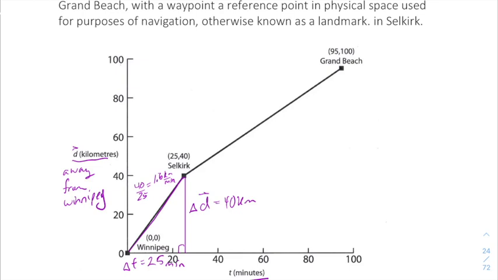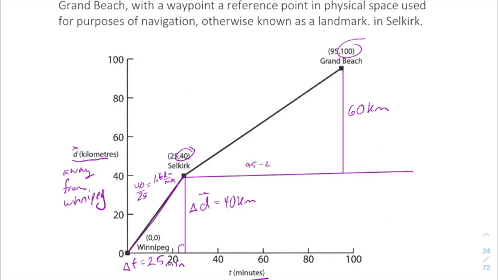And then you can see in the second half of their travels, I'm just going to make it straight so I can kind of see where we're at. You can see that they travel an additional 60 kilometers, because they go from 40 to 100, and they travel for an additional 95 minus 25, the additional 70 minutes.